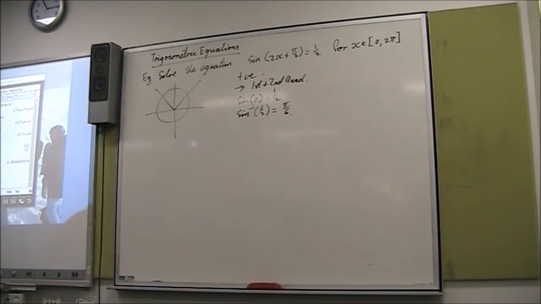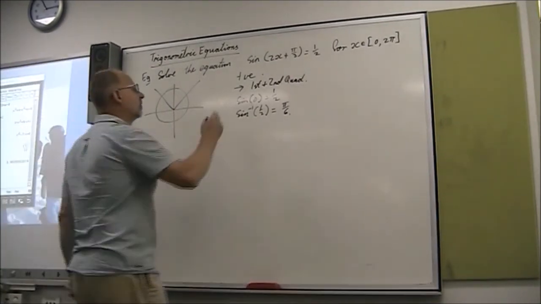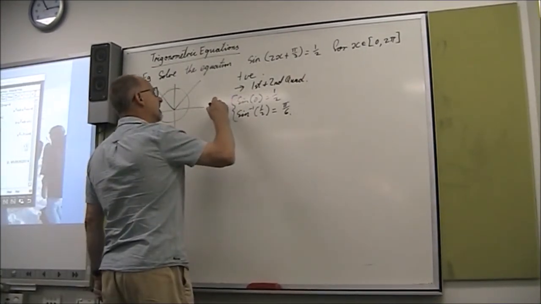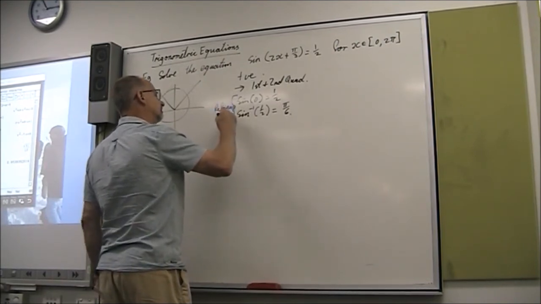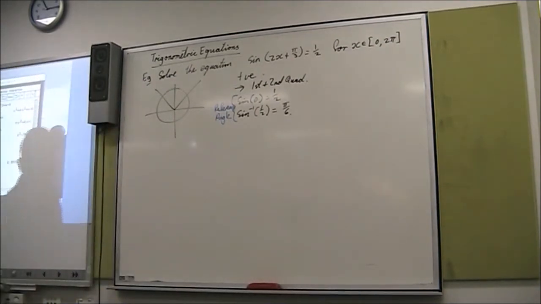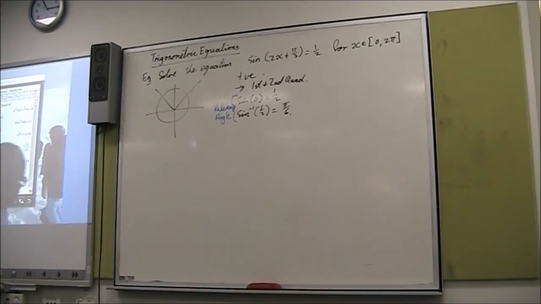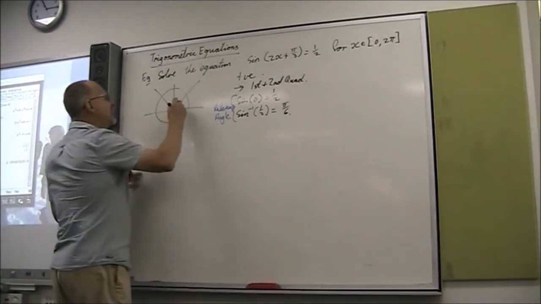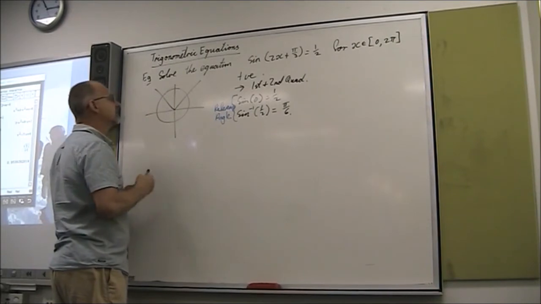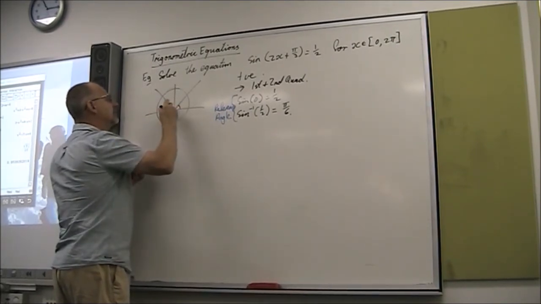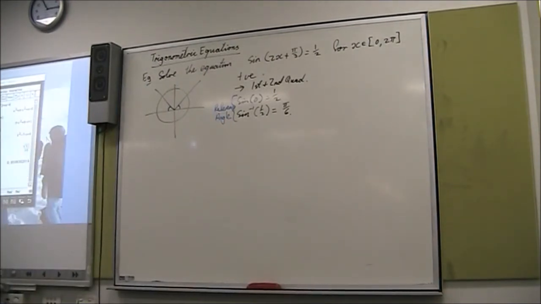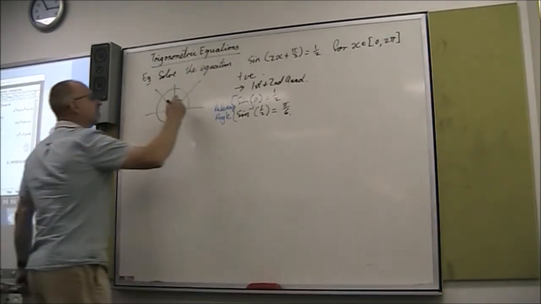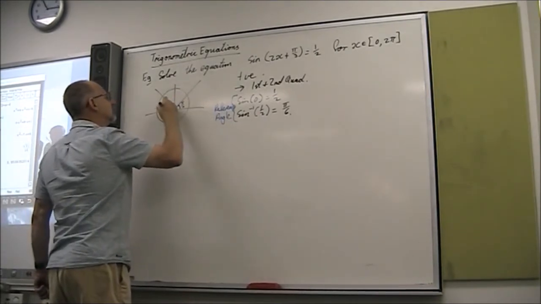So that's what I would call the reference angle, because all the other angles are all related in some way to that angle. And, not by coincidence, that reference angle is this small angle between our line and the x-axis. So this here is pi on 6. And there.